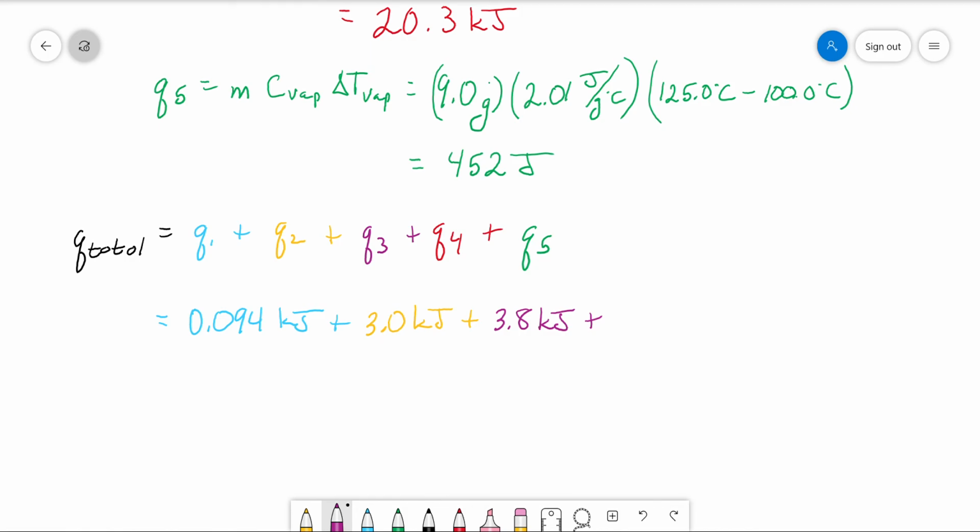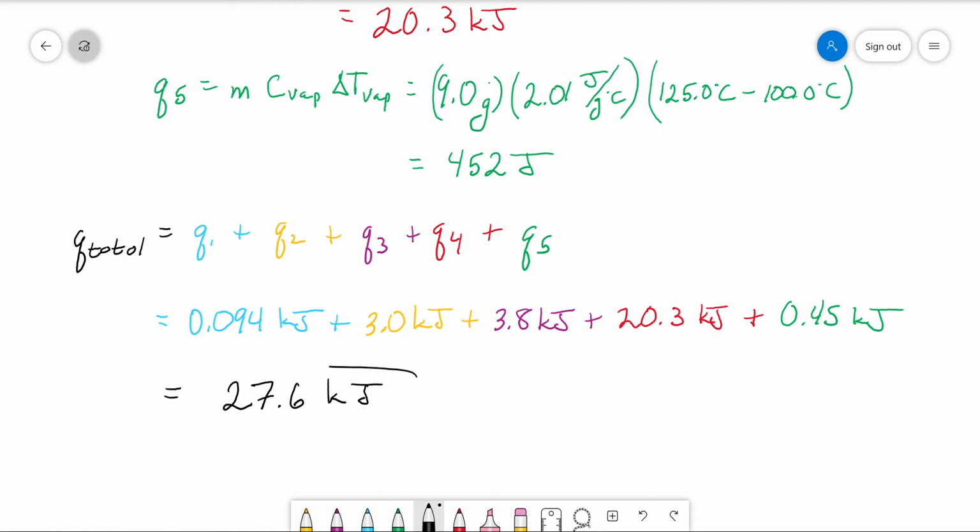All of these have 2 sig figs, and if you get hung up on the sig figs, you're missing the point of this problem. Next, 20.3 kilojoules, plus, lastly, 0.45 kilojoules. I come out with a final answer of 27.6 kilojoules.